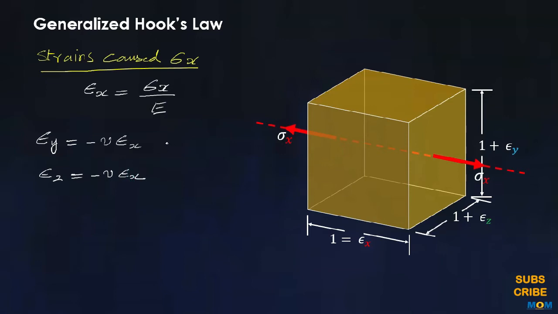These expressions could be rewritten as epsilon y is equal to epsilon z is equal to minus nu, now using the value of this epsilon x as sigma x upon Young's modulus E.